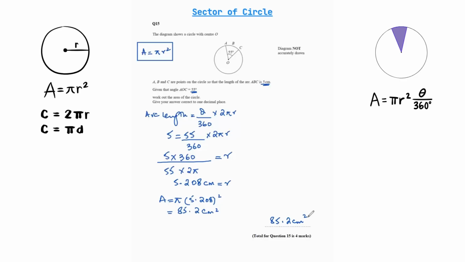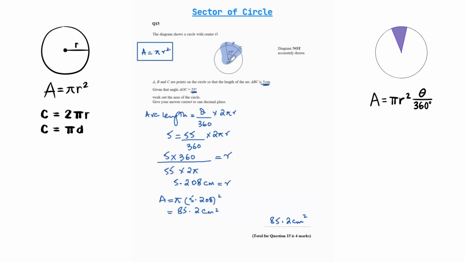And let's say they're asking you to find the perimeter of the sector. So for the perimeter of the sector, let's say sector ABC, if just the sector was given, supposedly. So this is your sector. Then you would do OA, which is the radius, plus the arc length ABC, which is 5, and then plus OC.